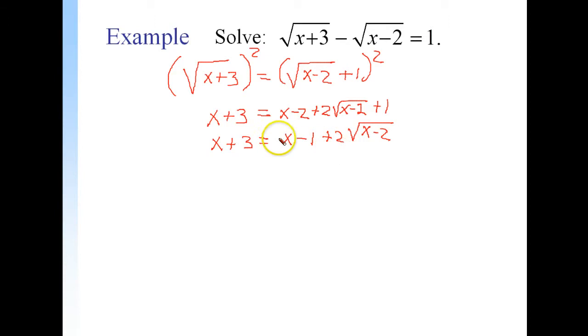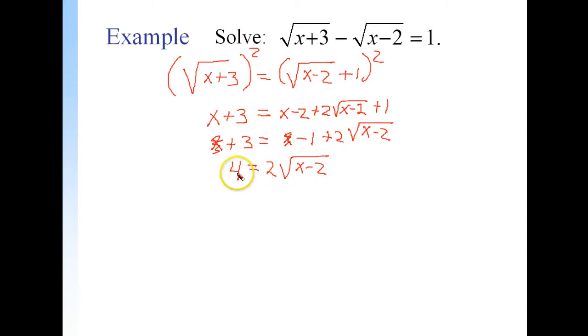And I want to get rid of these on this side to that side. So if I subtract x from both sides, the x's just cancel out. Now I'm going to add 1 here and add 1 here. This gives me 4 then. Okay, I just transposed that, gave me the 4.